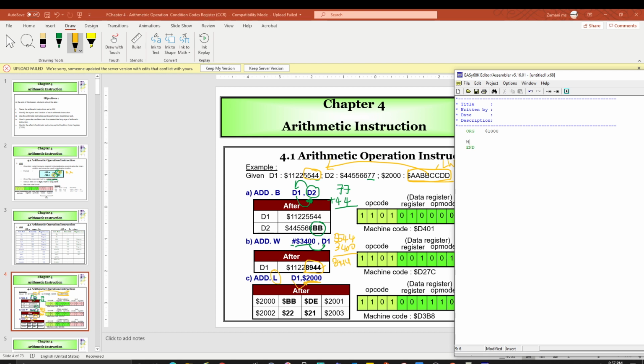Move.l #$11225544 to D1, and then move.l #$44556677 to D2, and then the command is going to be add.b D1, D2. So D1 and D2 will be added and saved back to D2. Let's run this one.